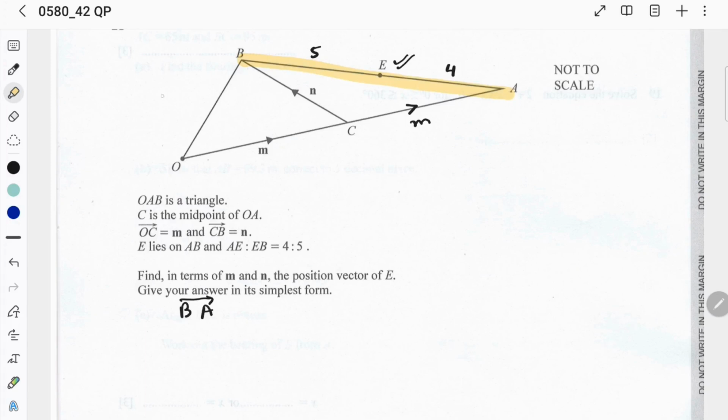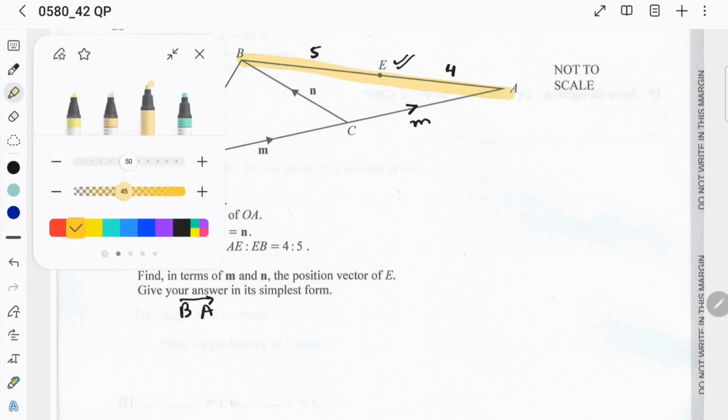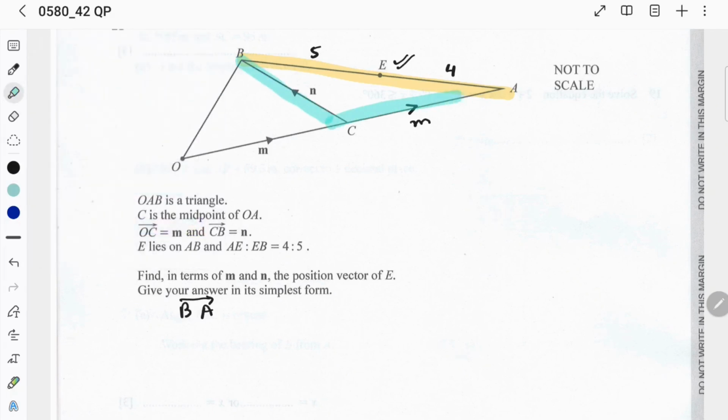For this line I'll go BC plus CA, and then we'll reach BA. So BA is equal to BC, start with B and end at A, plus CA. So CB is N, so BC will be equal to minus N in the opposite direction, and CA is already positive. That is BA is equal to M minus N or minus N plus M. That means the same thing.